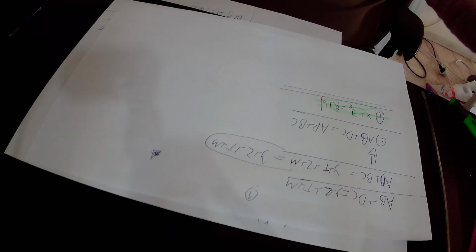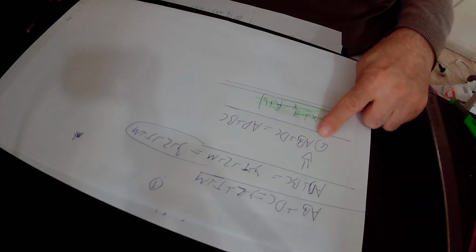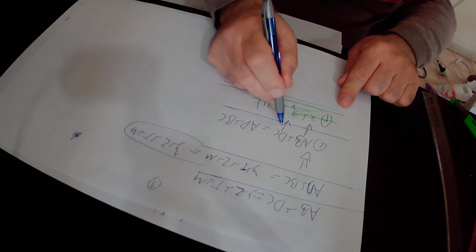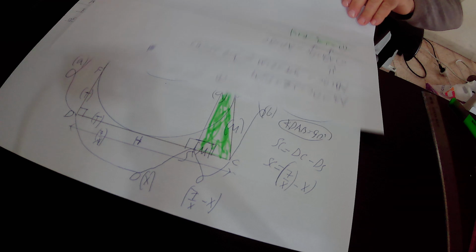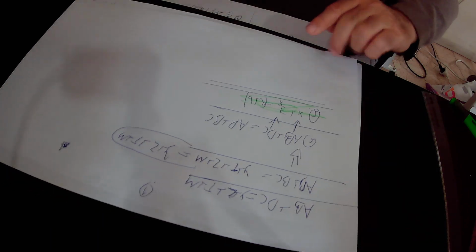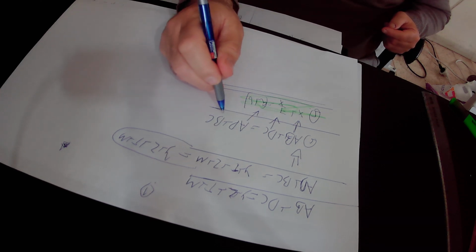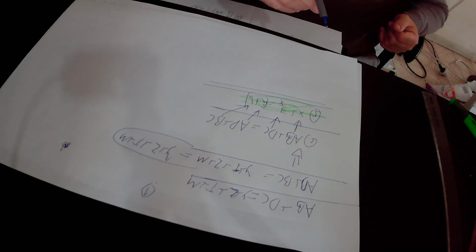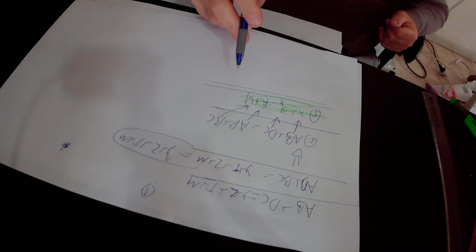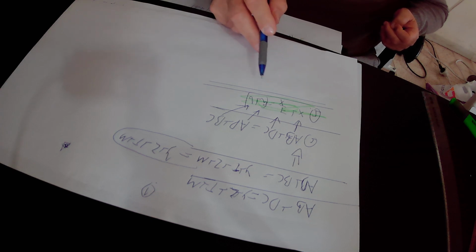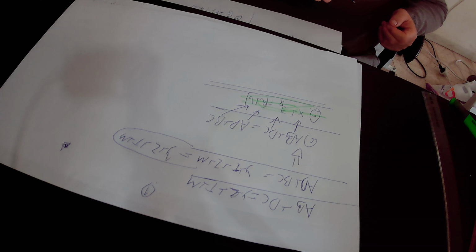AD is A, and BC is B. So in conclusion, according to equation 1, AB plus DC equals AD plus BC, which means that X plus 7 over X equals A plus B.